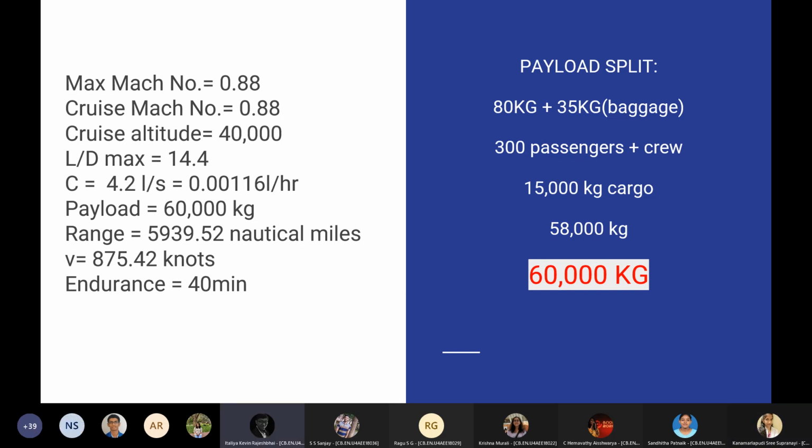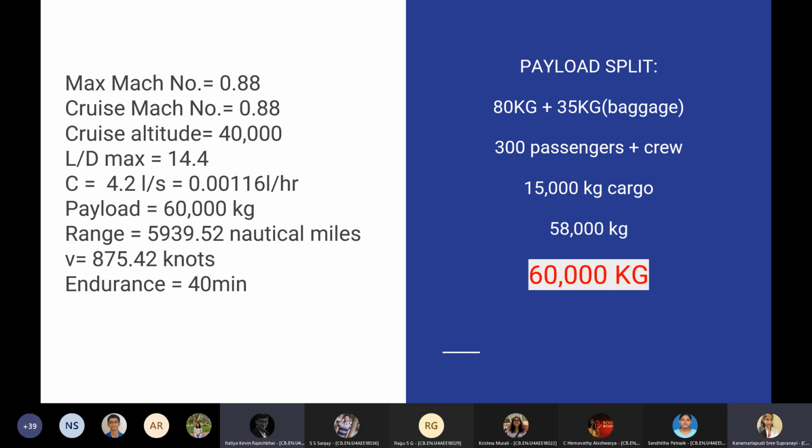I have a question. Are you guys going for absolute ceiling? Sorry, can you come again? You are using maximum Mach number and cruise Mach number as the same. Aren't you going to reduce your cruise Mach number a little bit compared to the maximum Mach number which you can achieve?